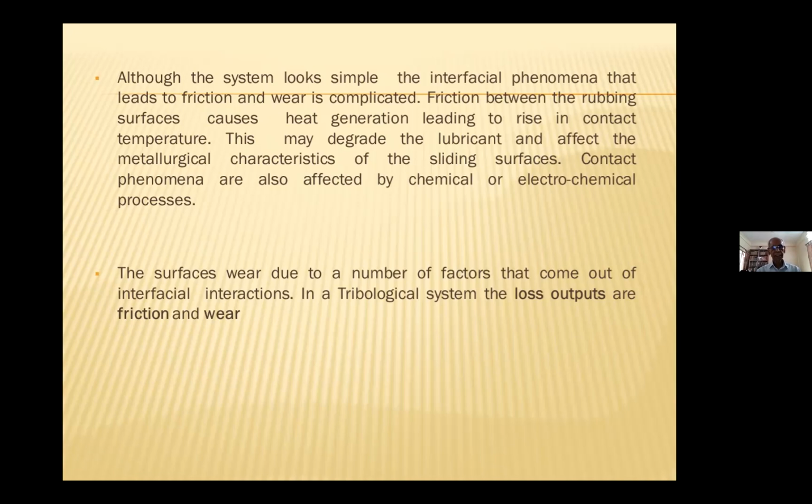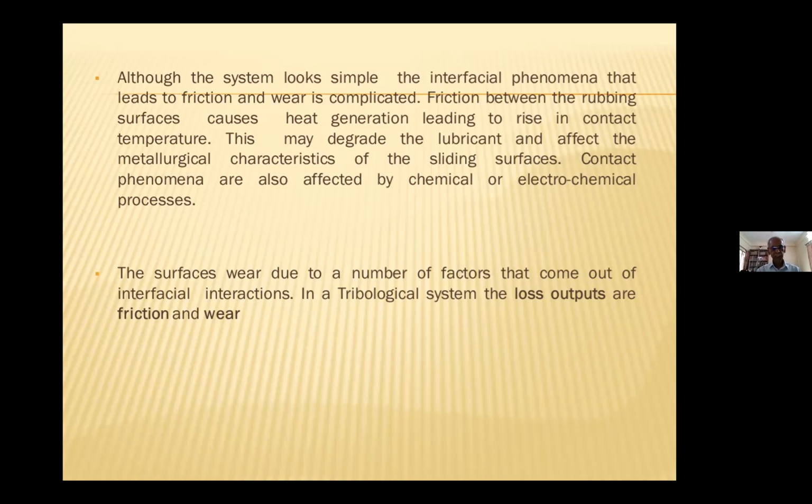The heat generated would lead to a rise in temperature, and this may degrade the lubricant and affect the metallurgical characteristics of the sliding surfaces. And these are some of the causes of the change in frictional characteristics when the two surfaces slide.